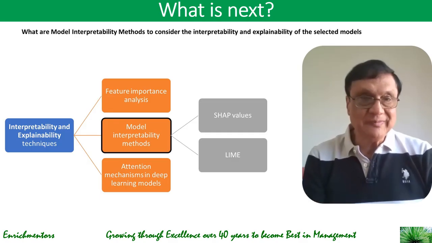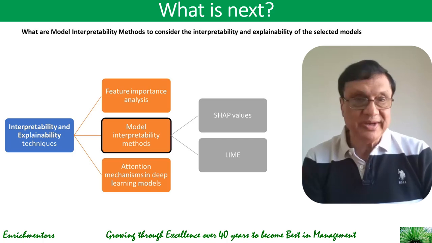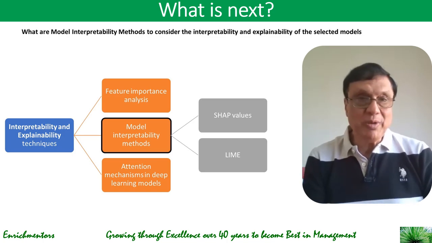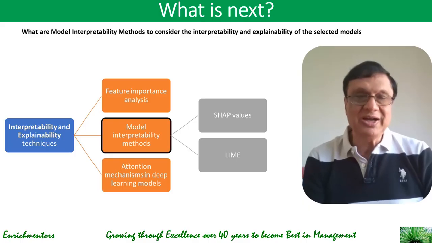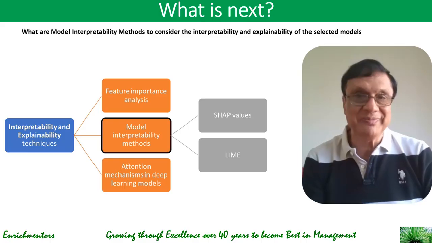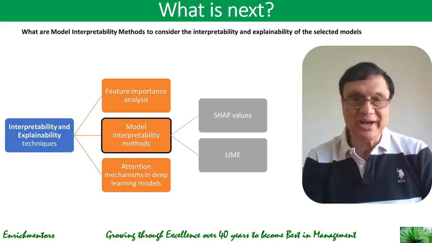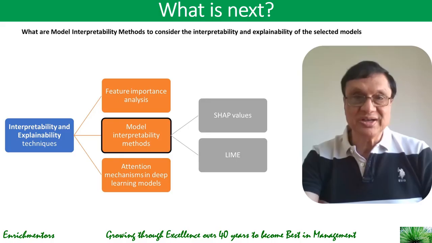Having looked at how to use feature importance analysis for interpretability and explainability, we will now look at some model interpretability methods, like SHAP values, that can help you consider the interpretability and explainability of the selected model.